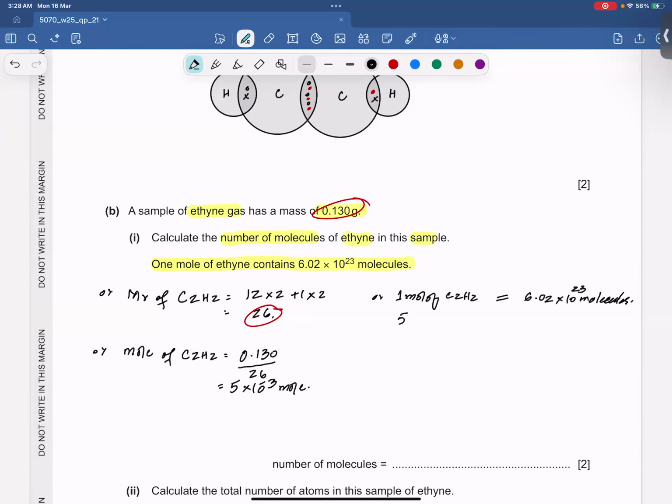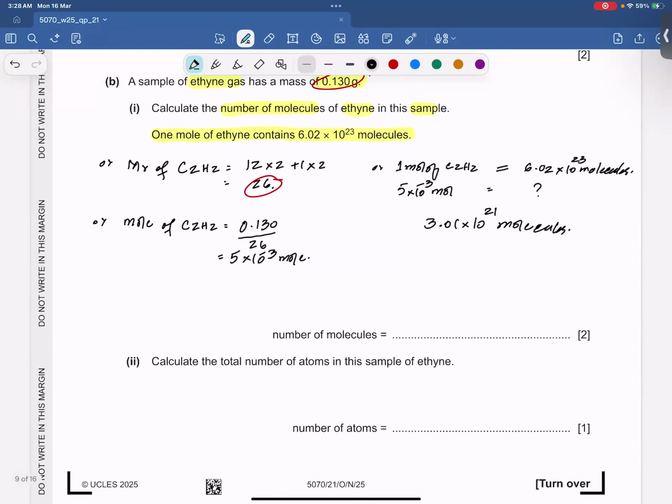When we have 5 into 10 to the power minus 3 moles, how many molecules do we have? So into 6.02 exponent 23. So it's going to be 3.01 into 10 to the power 21 molecules. Okay. So that's the answer.